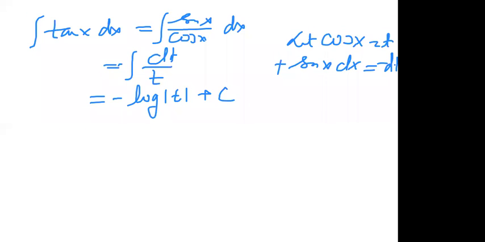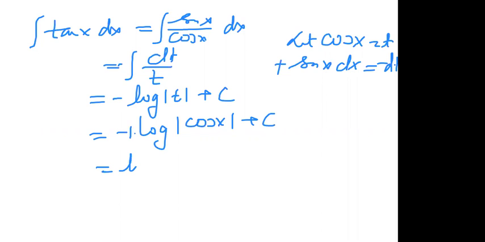The value of t is cos x, so minus log mod cos x plus c. We can leave it at this point also, or I can write it as minus 1.